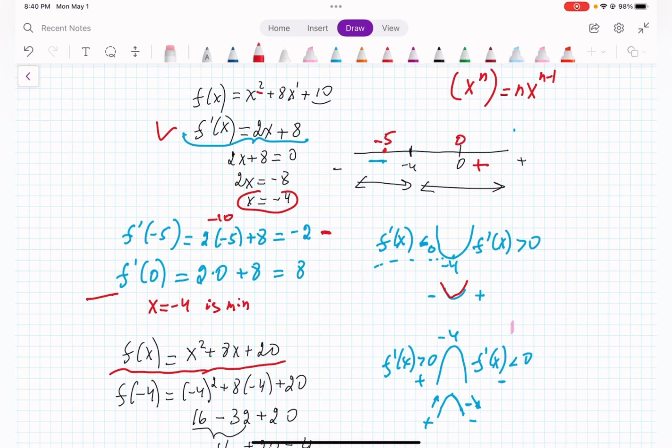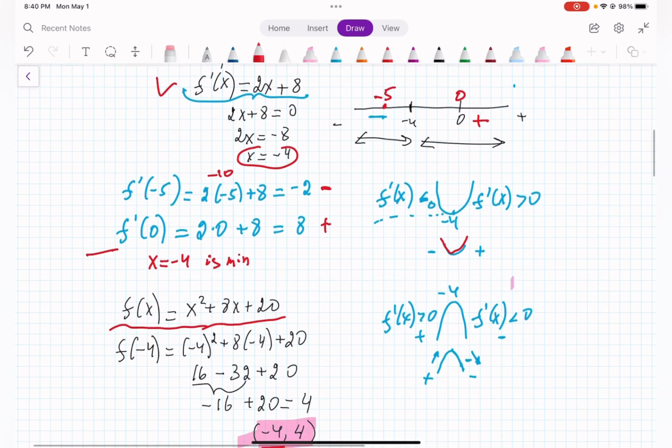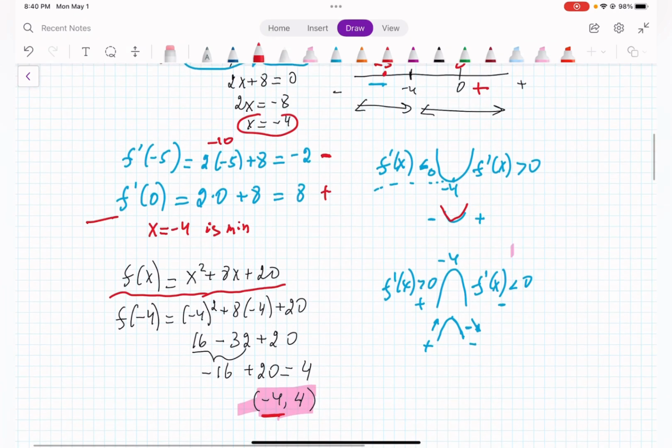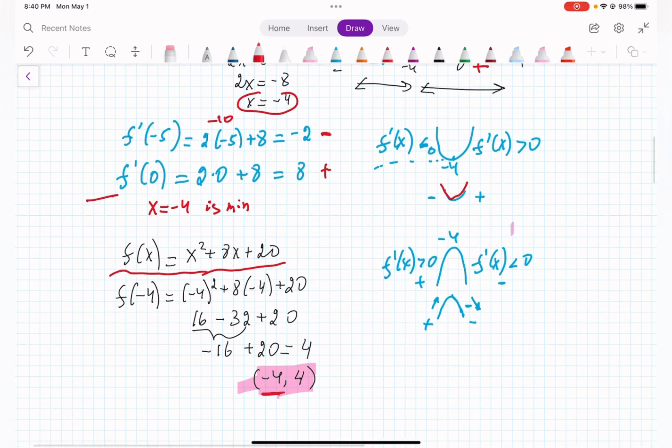So 2 times 0 is 0, and plus 8, it's going to be 8 positive. Yes? Okay, so all is good. So -4 is a minimum. Now let's also check how we plugged in -4. -4 squared is going to be 16. 8 times -4 is -32, and 20. 16 minus 32 is -16 plus 20, +4. All is good.